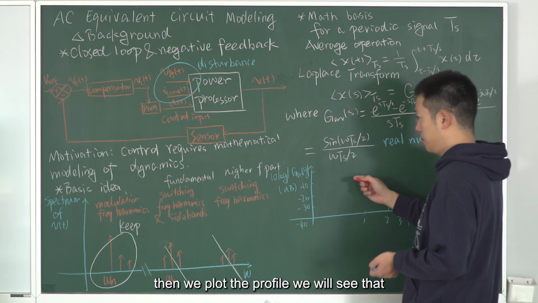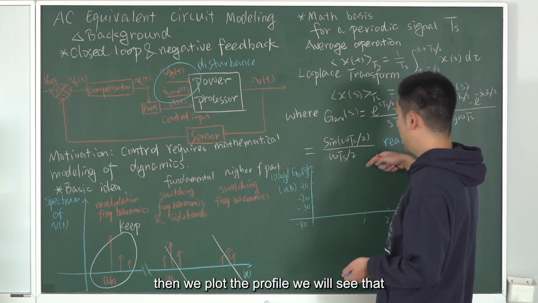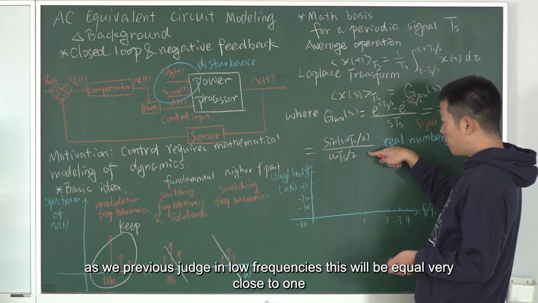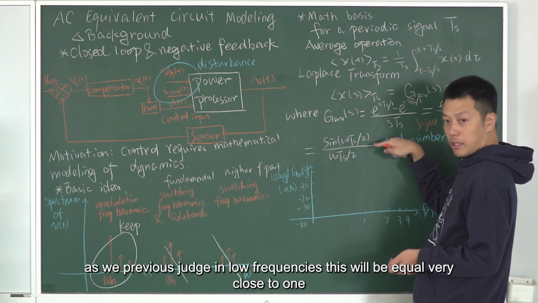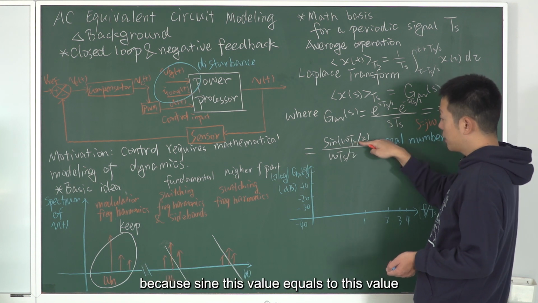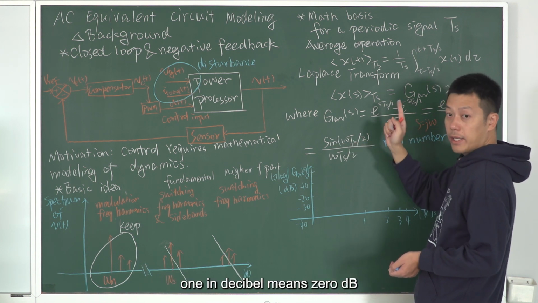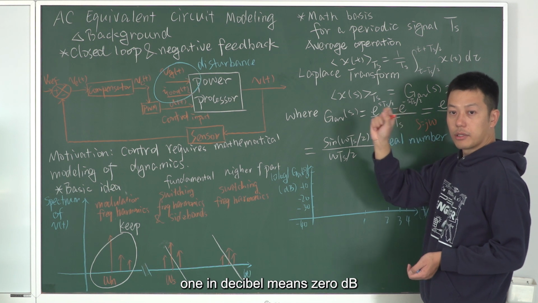Then we plot the profile. As we previously judged, at low frequency this will be very close to 1, because the sine of this value equals this value. 1 in decibel means 0 dB.